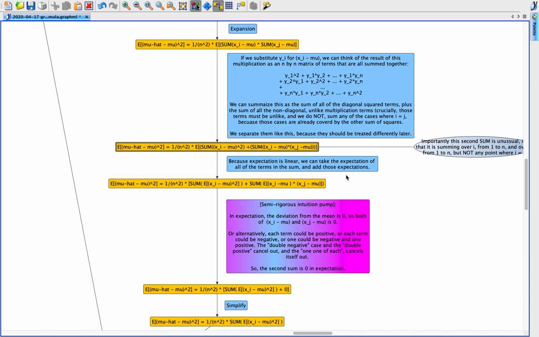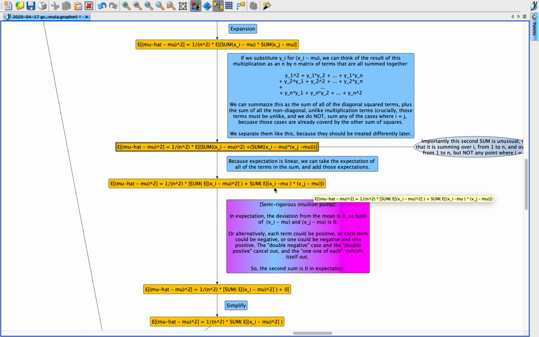Because expectation is linear, we can take the expectation of all of the terms in the sum and add those expectations. Right, so we're now just factoring the expectation. So here it's outside of the sum. Now we're factoring it into the sum. Okay, yeah, the expectation is inside of these sums, but notice that there's only one expectation for these two things that we're multiplying.